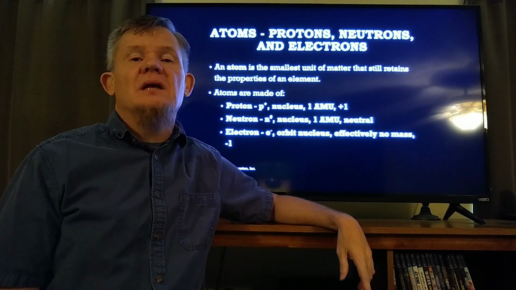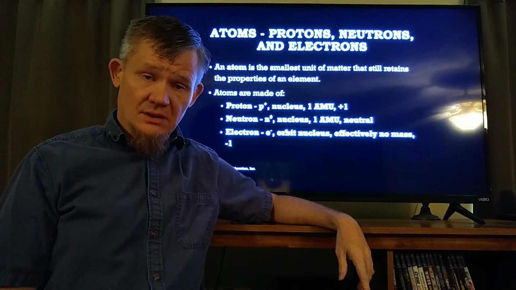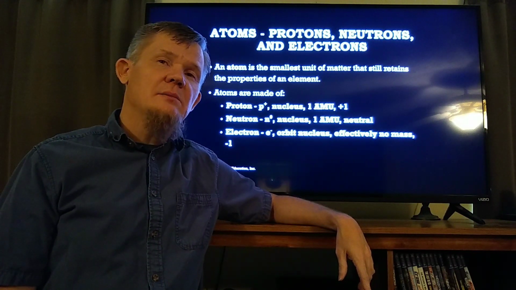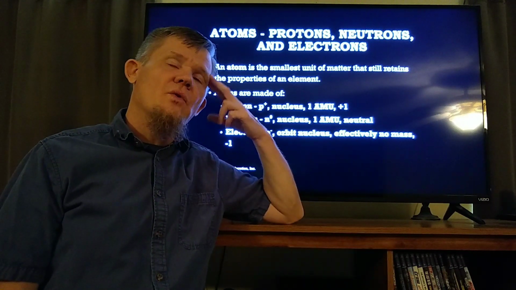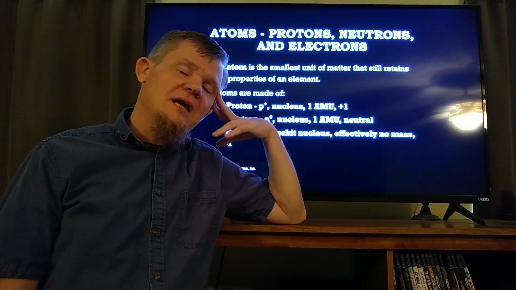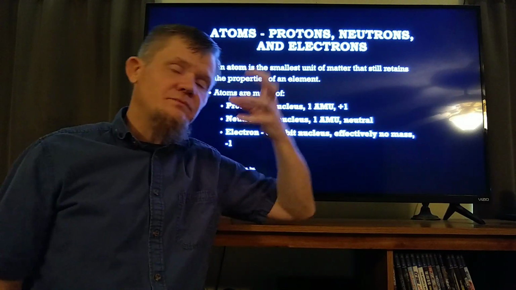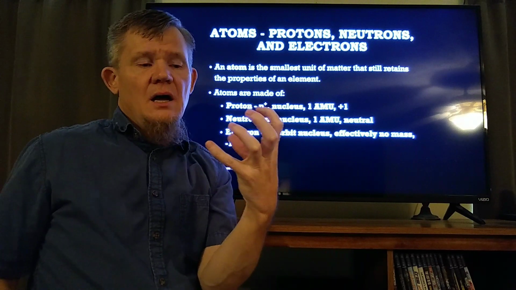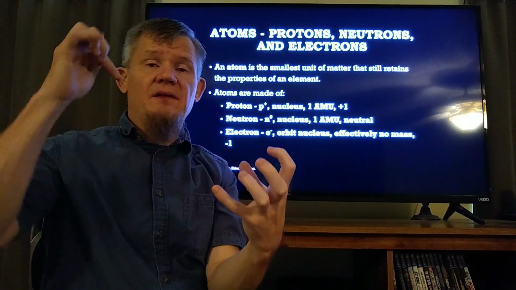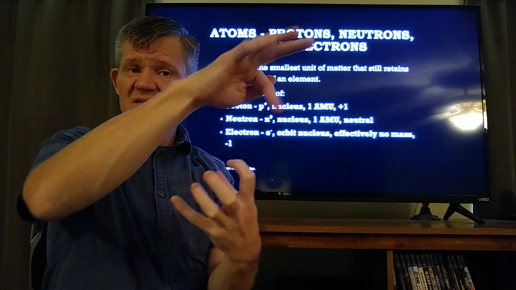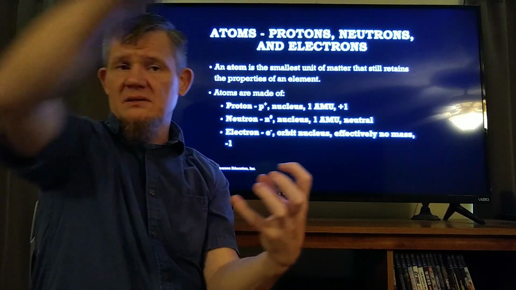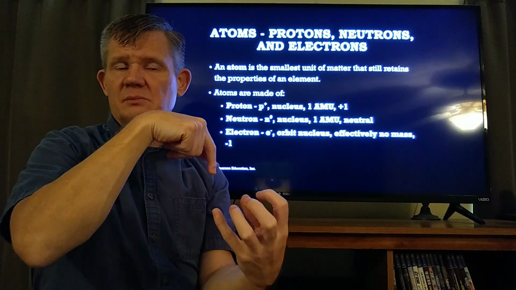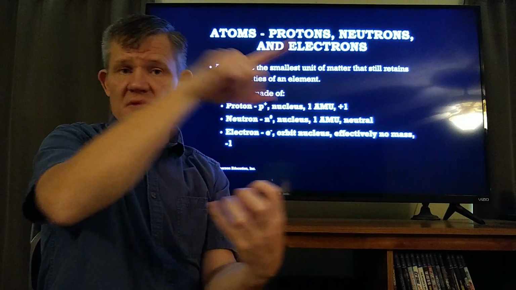Electrons. Electrons orbit the nucleus. An image that you can use for an atom: kind of imagine the solar system. The sun's at the center. That would be the nucleus. And then the planets orbit the sun. The electrons orbit the nucleus, similar to how the planets orbit the sun.